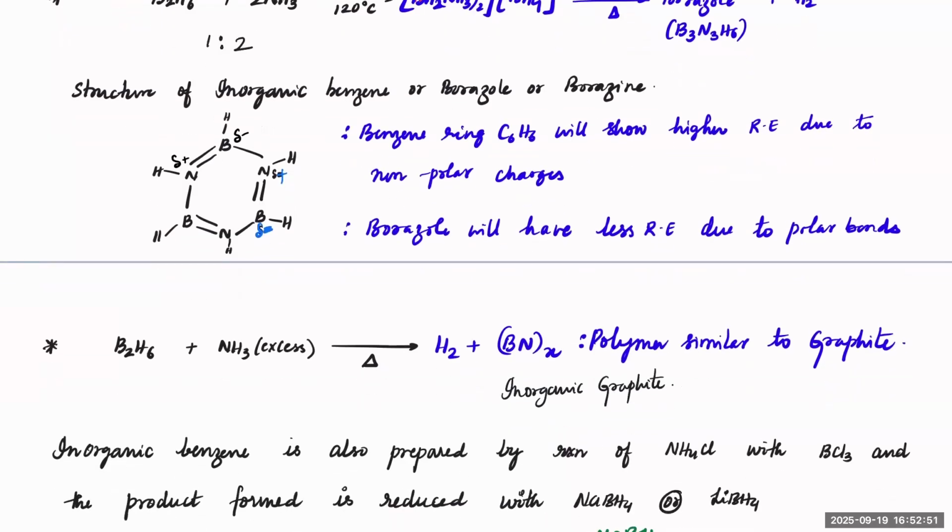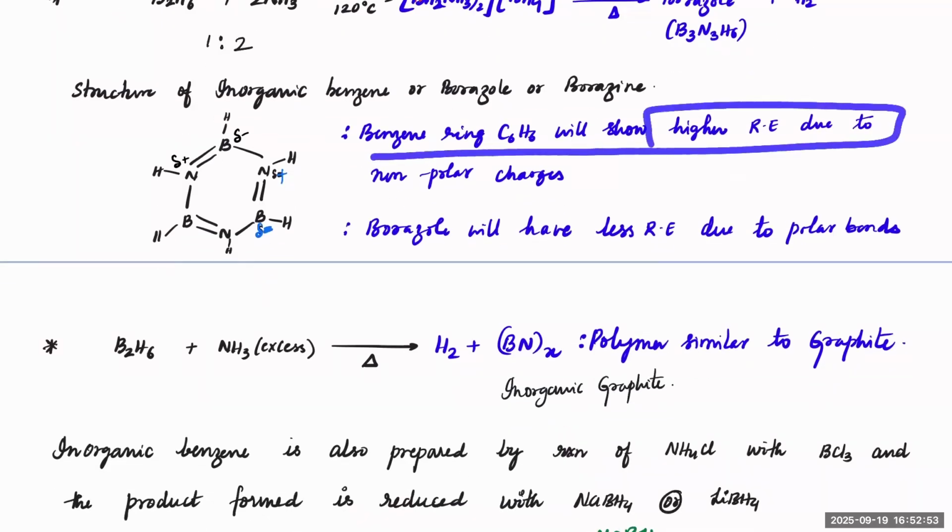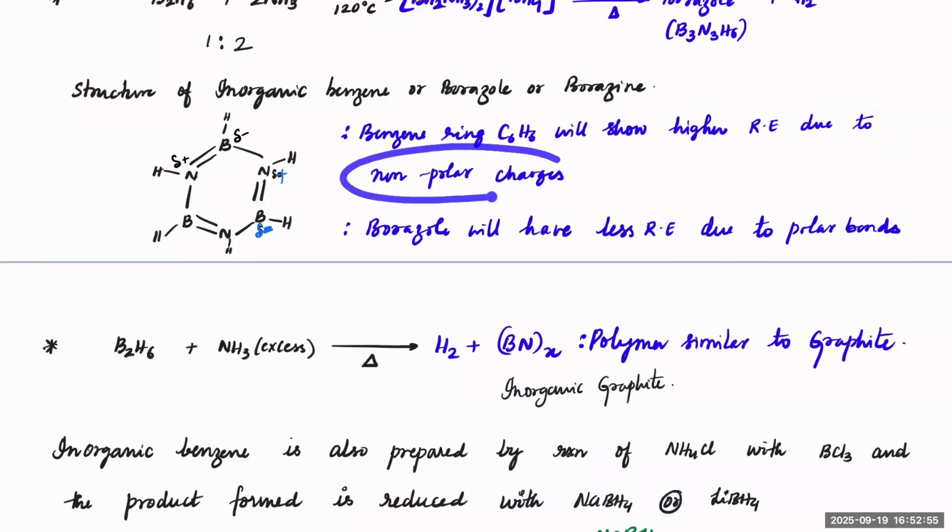See, benzene ring will show higher resonance energy due to non-polar charges. Reason being, in the case of benzene, between carbons there is no charge existing, right? There is no electronegative difference. But here there is electronegative difference.